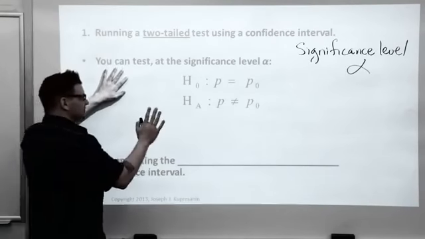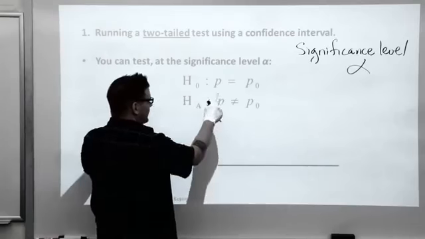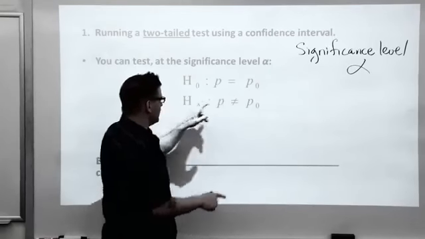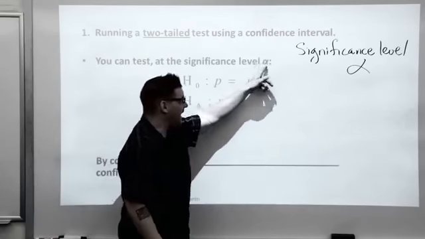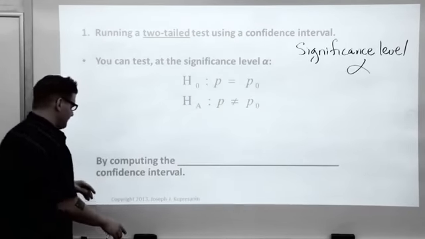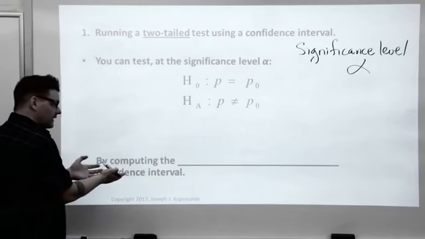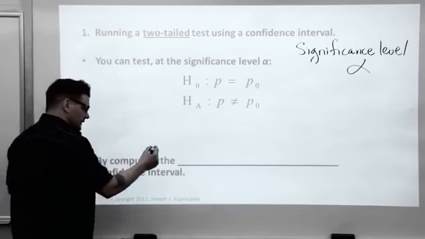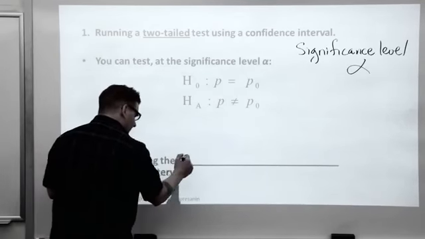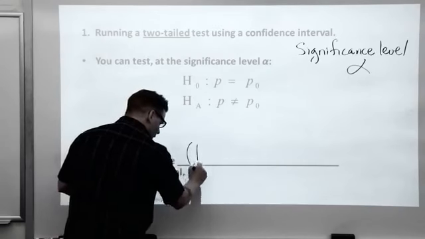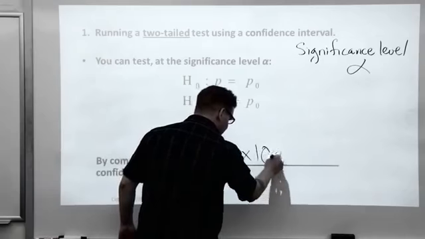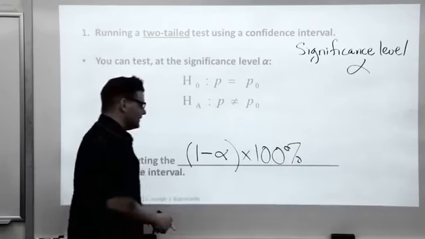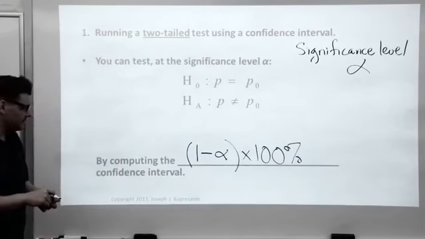You can test a two-tailed hypothesis test, P equals P sub 0 versus P not equals to P sub 0 at significance level alpha, by computing the what? A confidence interval. What kind of confidence interval? It's the 1 minus alpha times 100% confidence interval.